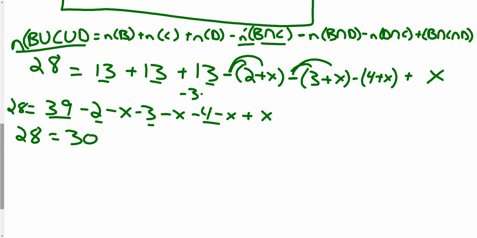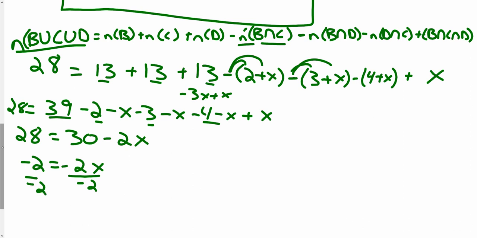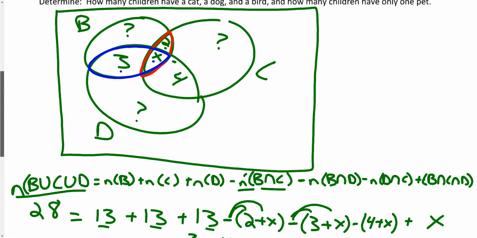Negative 3x plus x, which equals negative 2x. Now I just solve for x, so I bring the 30 over. So that makes this now negative 2. Negative 2x equals negative 2, so 1 equals x. All right, so now I know how many people own all three. This is 1.